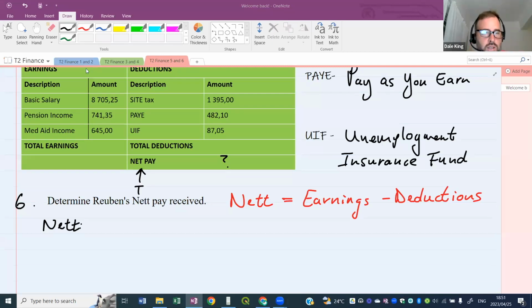All right. Let's have a look. Okay, so I'm writing net here. Let's keep net for the end. Let's move it to the side. We'll keep it over there for the end. I first want to deal with earnings, and I want to deal with deductions.